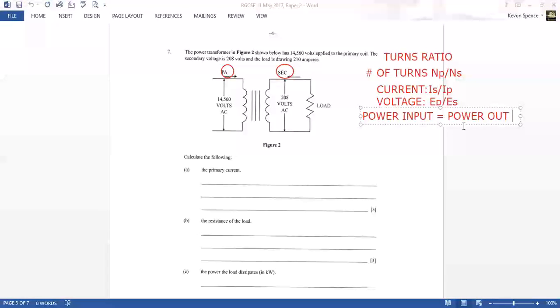In fact, it is 100% efficient, meaning whatever power you place into the transformer will be the same power you get out.